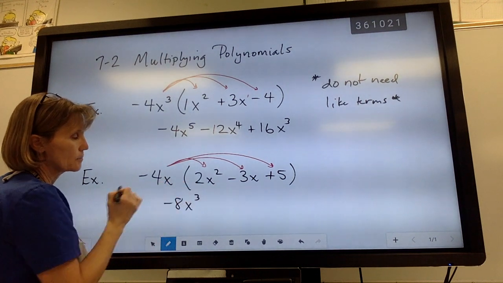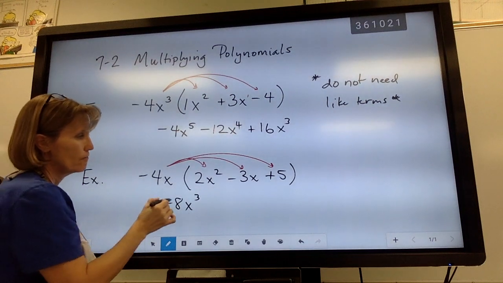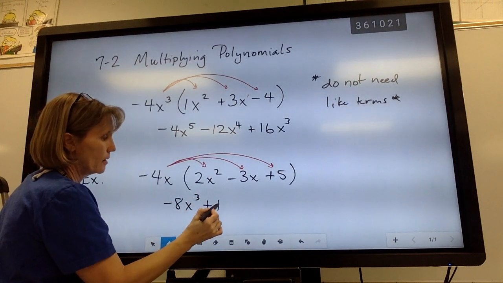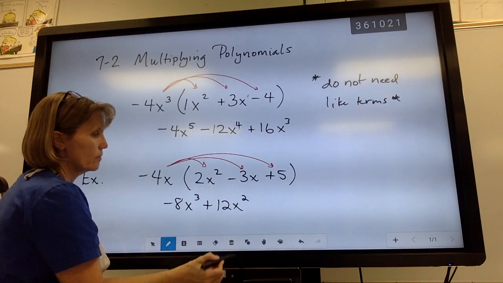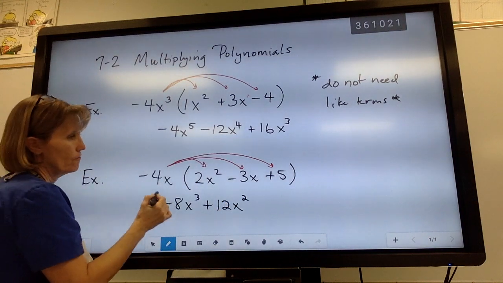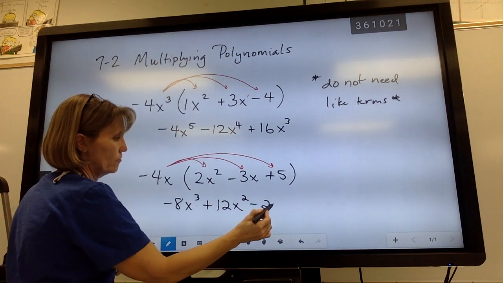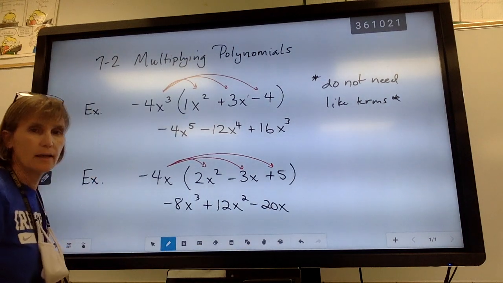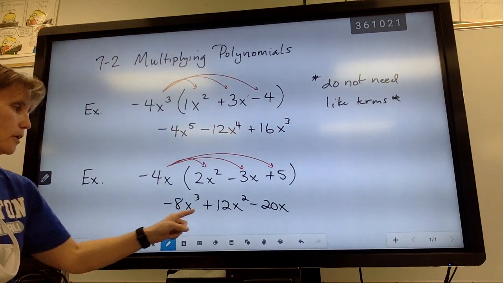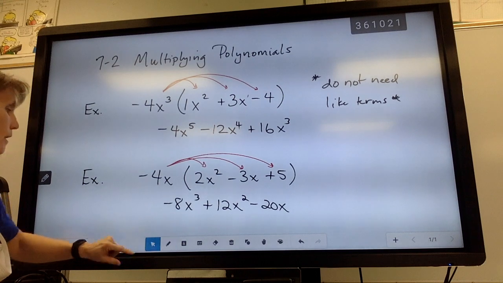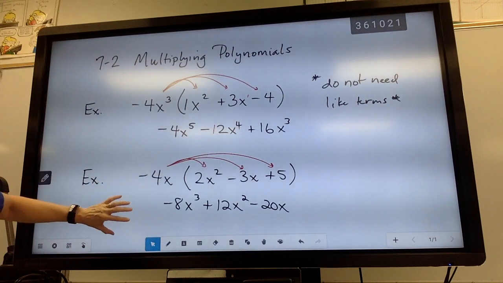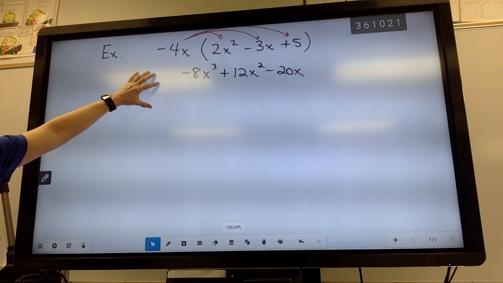We want to add the exponents. -4 times -3 would be a +12x squared. -4 times 5 would be a -20x. Again, make sure you're leaving your answer in standard form. That's a monomial times a trinomial.